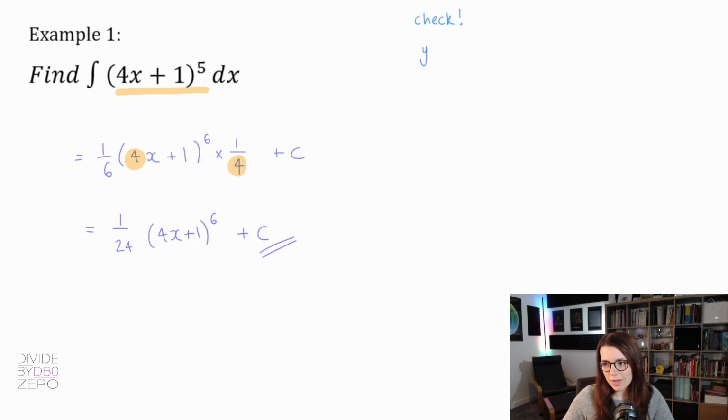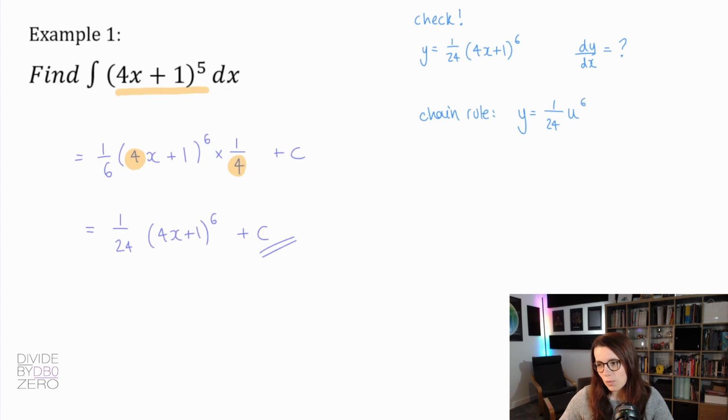If you set y equal to 1 over 24, (4x + 1) to the power of 6, and then you think about how you would differentiate that, let's use the chain rule and make it y equals 1 over 24 u to the power of 6, where u equals 4x + 1. dy/du would be 6 over 24 u to the power of 5, so bringing the power down and reducing the power by 1.